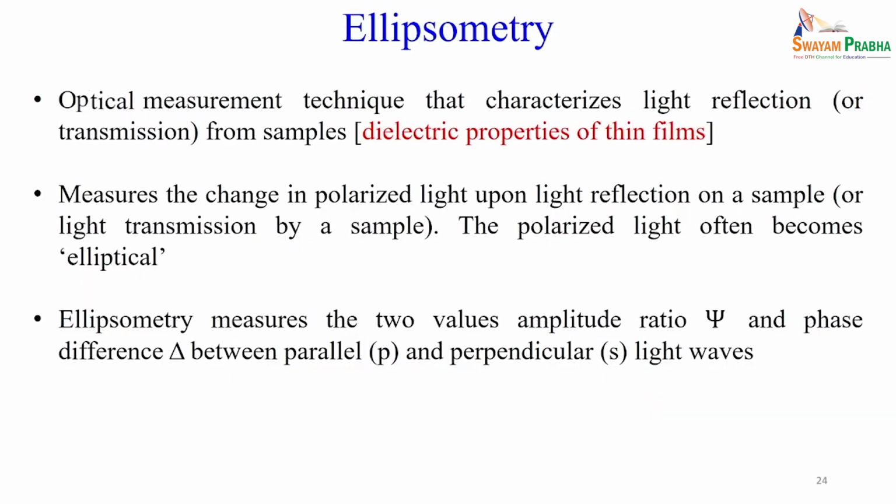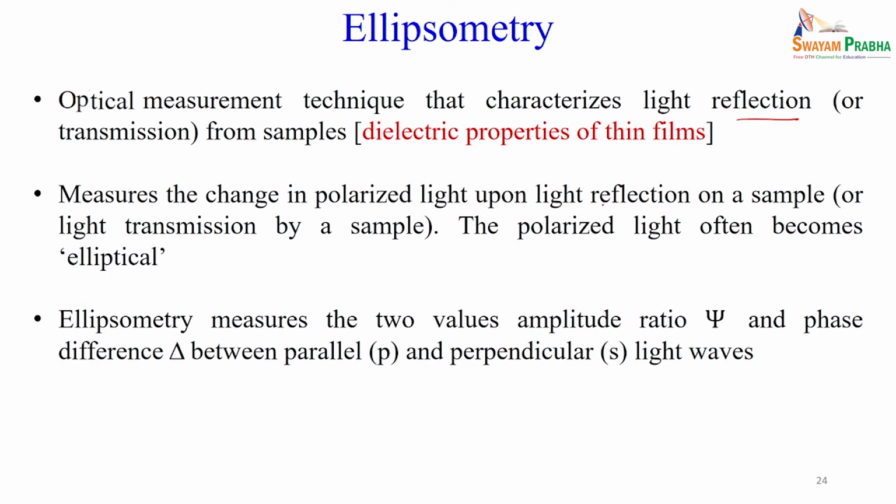Next method is the ellipsometry. Again it is an optical technique which characterizes the light reflection or the transmission, or you can say the dielectric property of the adsorbed layer or the thin film. So, here we are passing a polarized light.